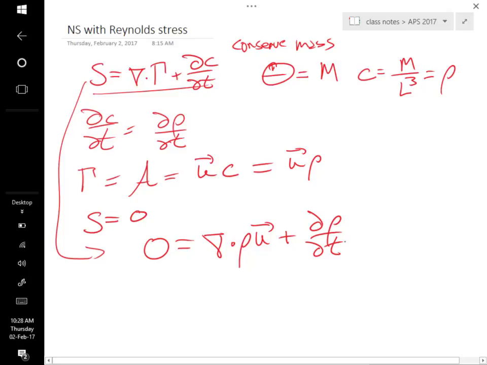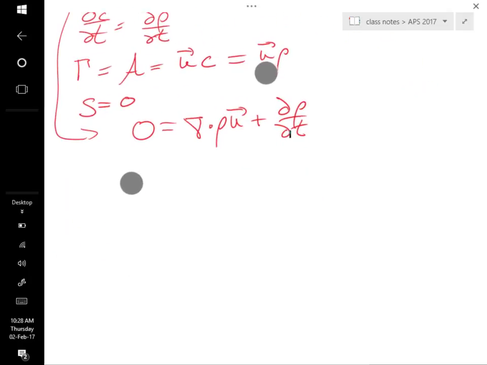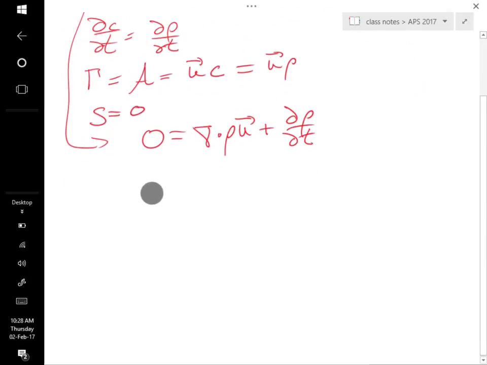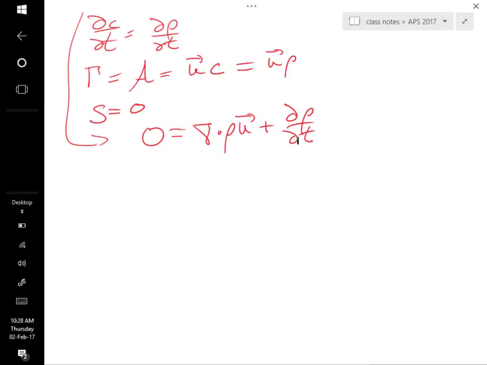and so that's our starting point, and this is what we saw for laminar conditions. Now, for turbulence, the conceptual model that we've come up with, by looking at these experiments and data, is that the flow is equal to an average flow plus a perturbation.